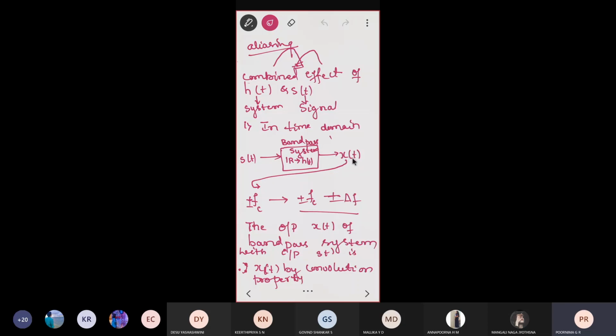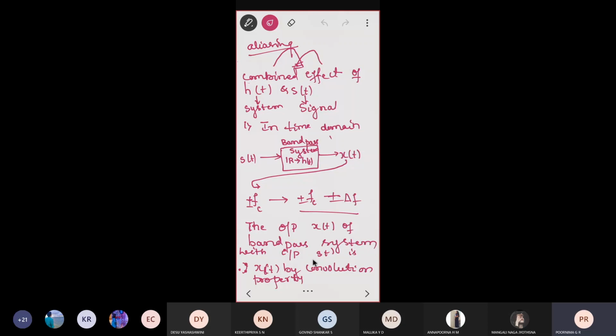Practically, the bandpass system will have a deviation from its center frequency, plus or minus delta f, and for such small deviated time domain or frequency domain signals, how are you going to analyze the response?